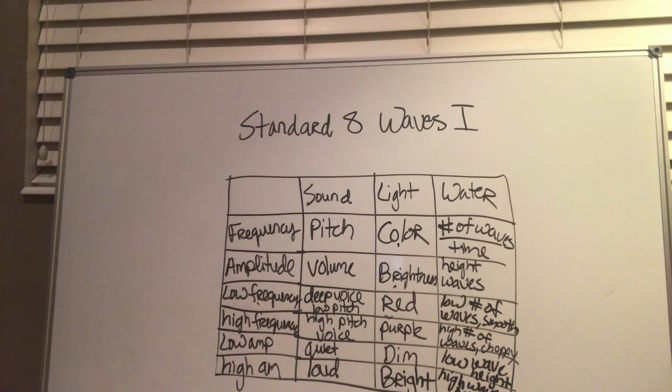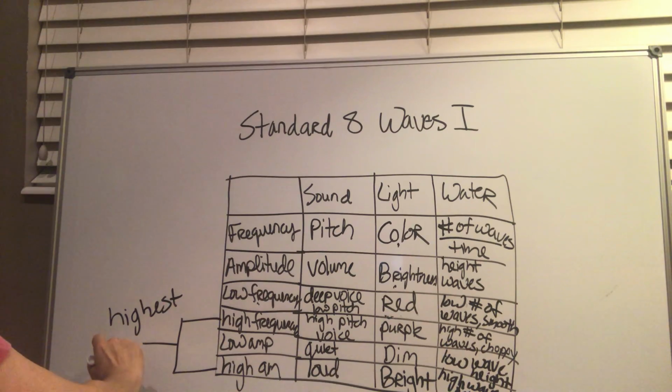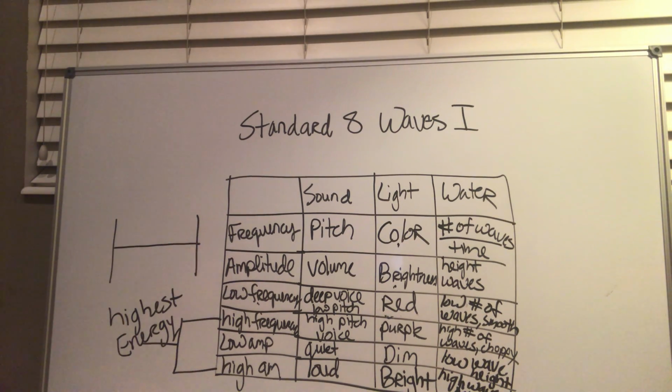Greatest energy waves, right here and here, both these. Frequency means there's more energy. So like on the test, if you remember, you had waves. It said which one has the highest energy.